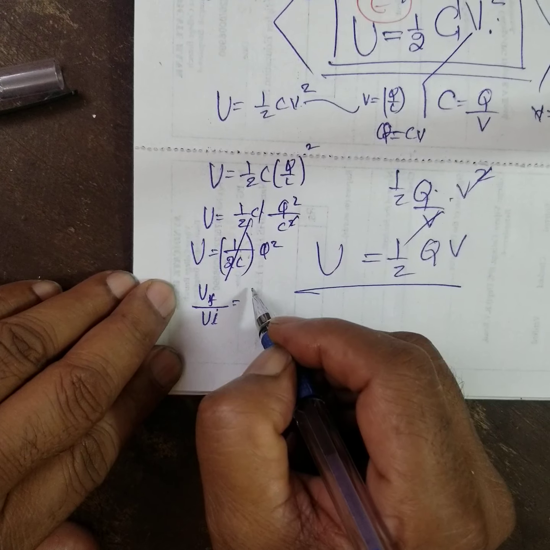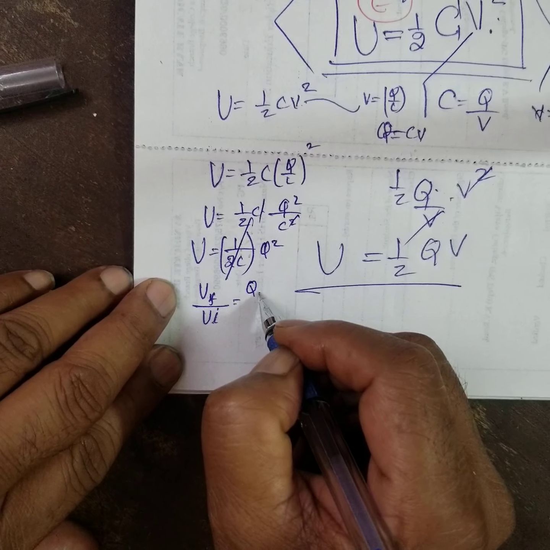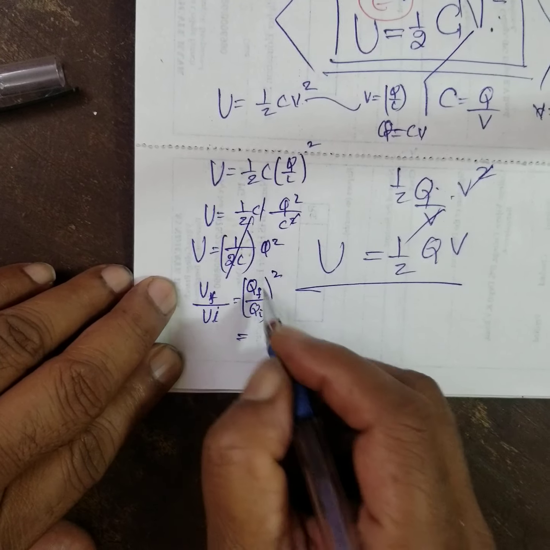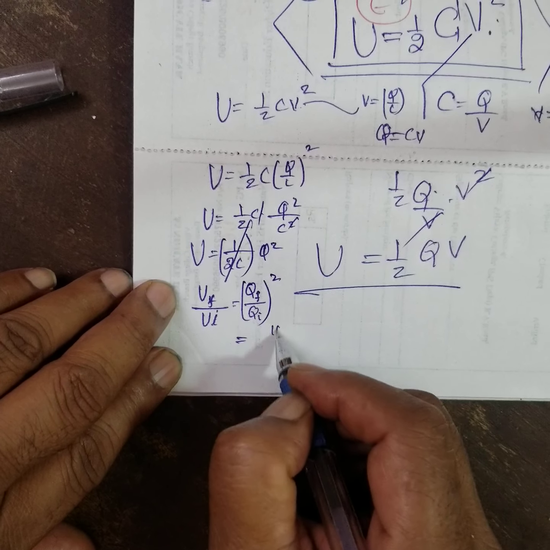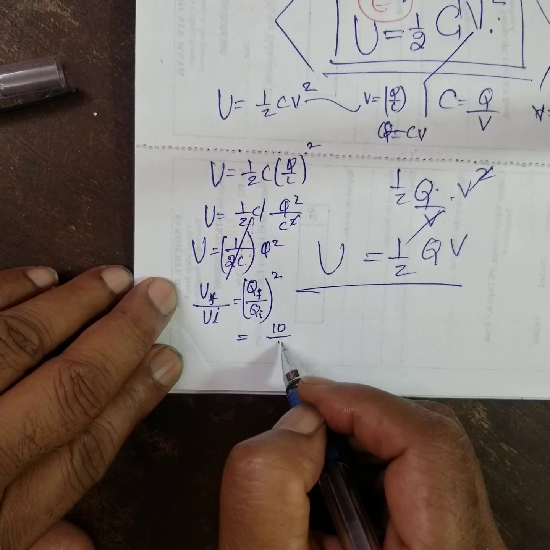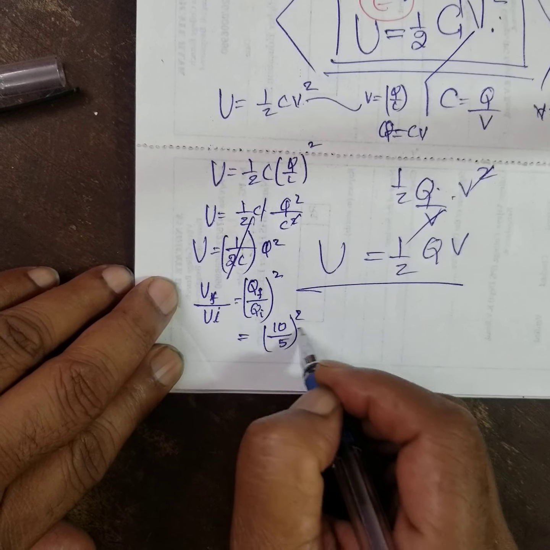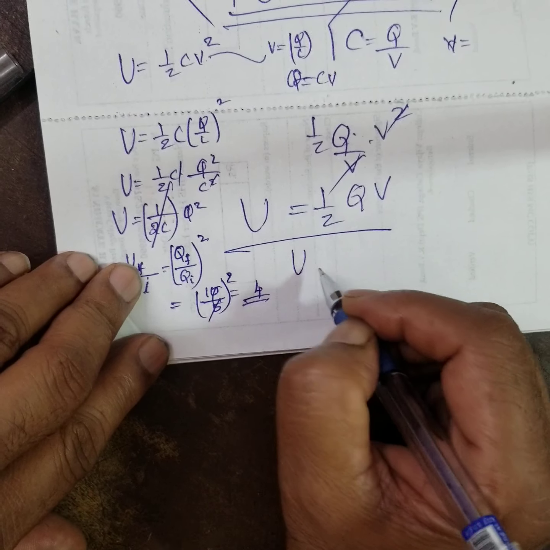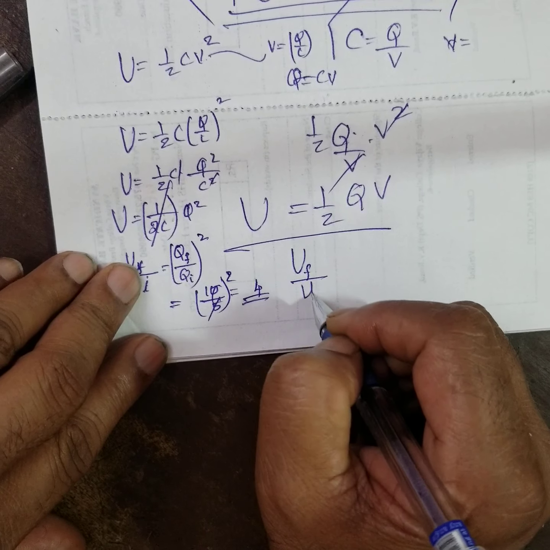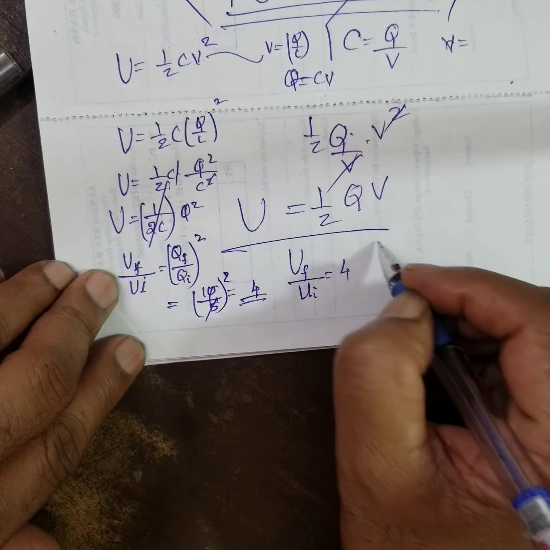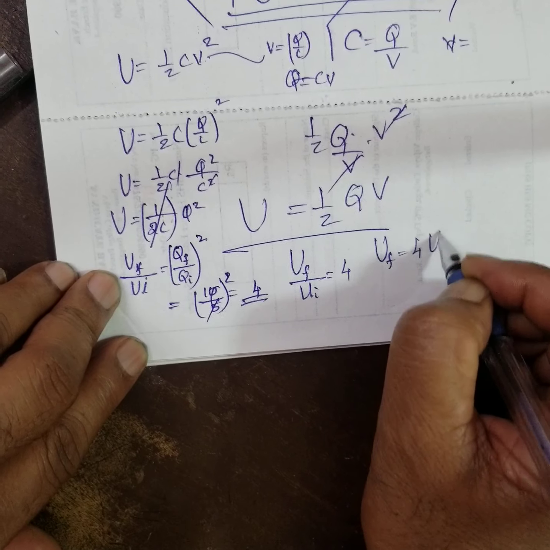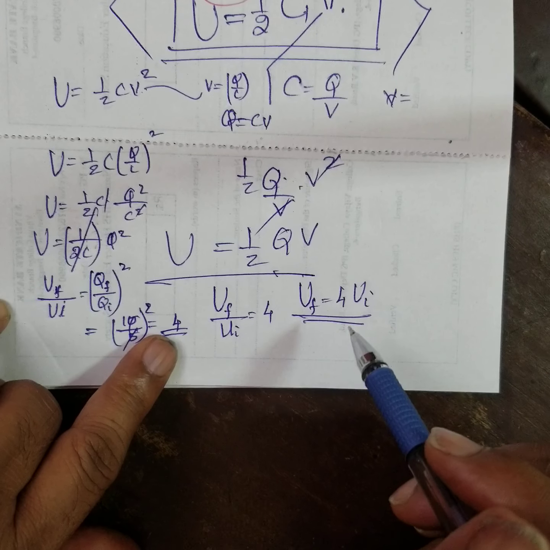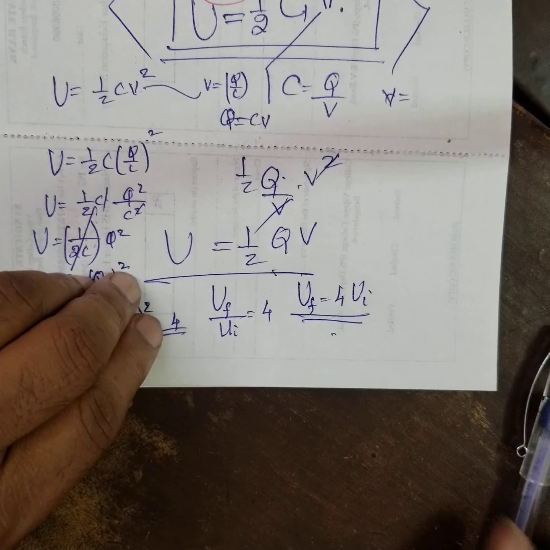The final charge is 10 coulomb and the initial is 5 coulomb, so squared that gives 2 squared, which is 4. Therefore, final energy by initial energy is equal to 4, or final energy is 4 times the initial energy. That is what happens to the energy stored in the capacitor if the charge is doubled.